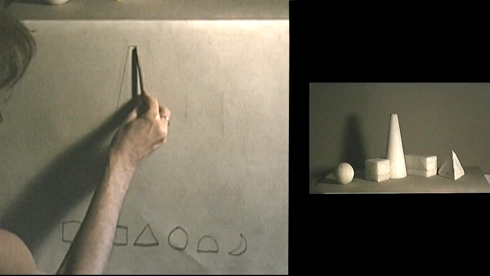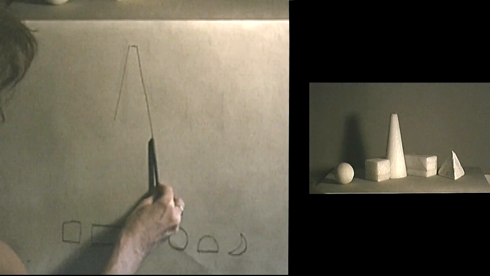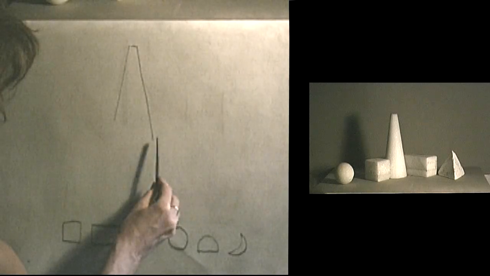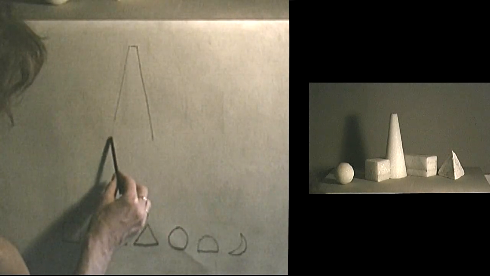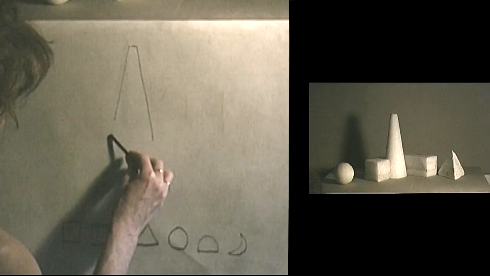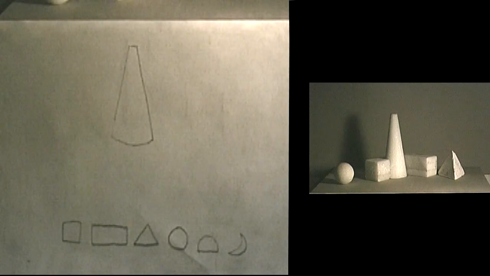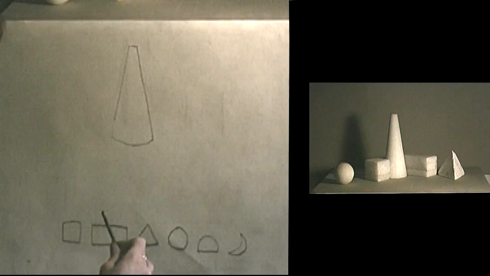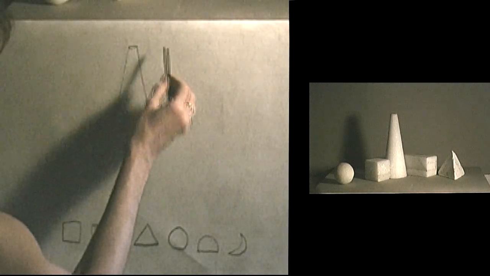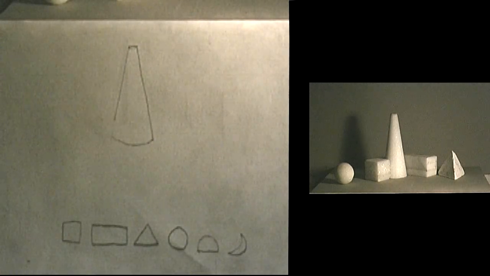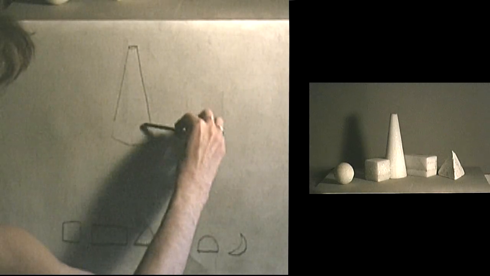Then the other angle comes down this way. When I feel that it's long enough, instead of making it straight across, I'm going to give it a bit of a rounded curve so that the viewer understands that it's round immediately. So when I round this off, it automatically looks round.